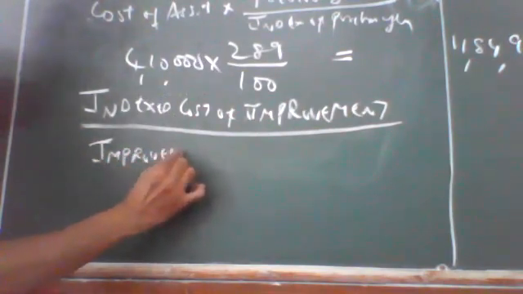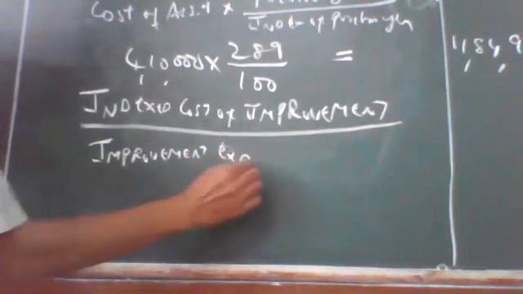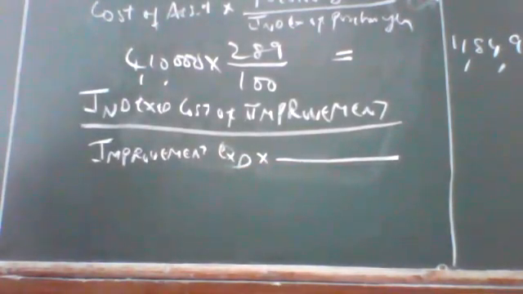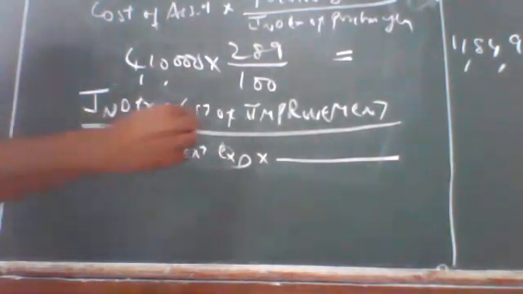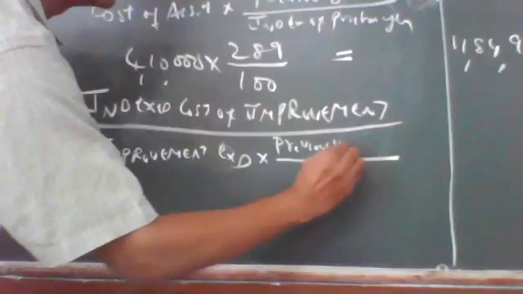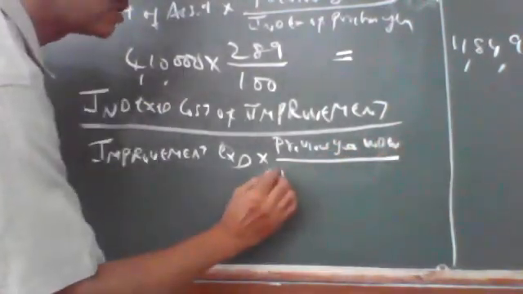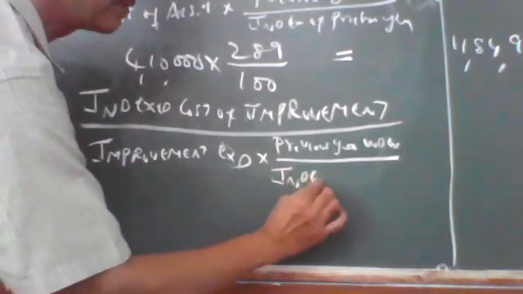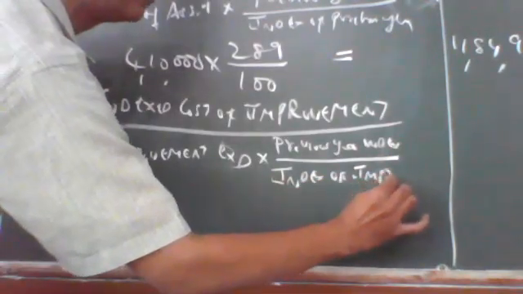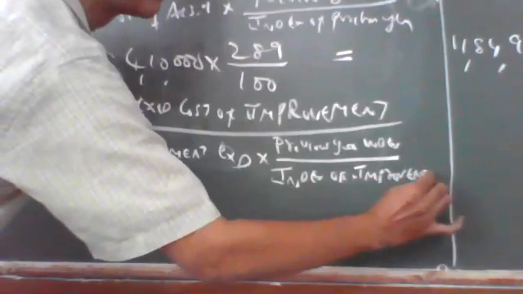Improvement expenses into previous year index divided by index of improvement year. Index of improvement year, in which year you made some improvement or made some reconstruction.